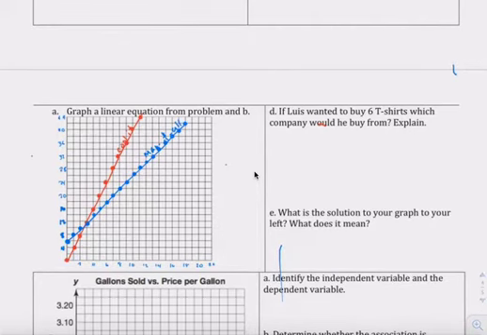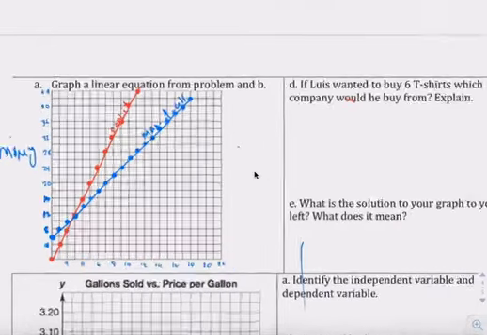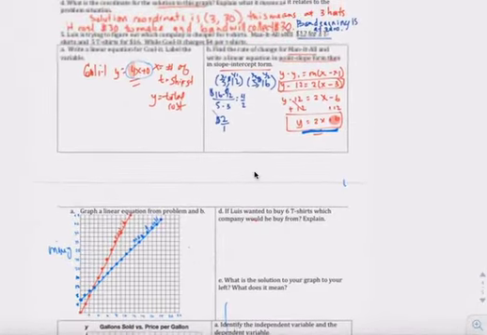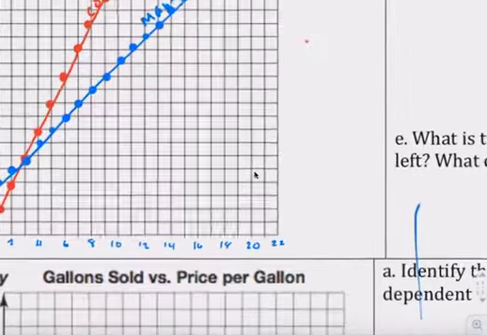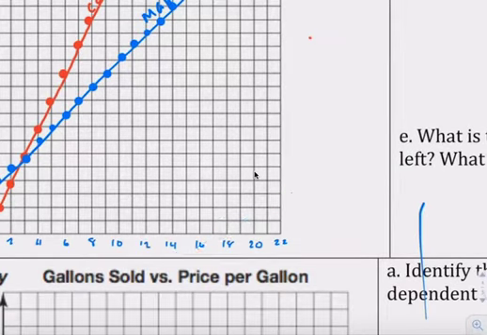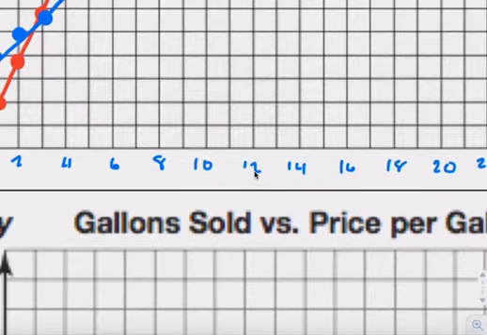This is the money. This is the number of, what are we selling? T-shirts. Don't forget to label the independent, dependent. Number of t-shirts.